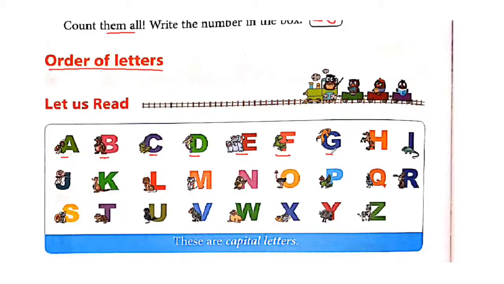frog, G for goldfish, H for horse, I for iguana, J for jellyfish, K for kangaroo, L for lion, M for mouse, N for nestling, O for ostrich, P for parrot, Q for quail, R for rabbit, S for snail, T for tortoise, U for umbrella bird, V for vulture, W for walrus, X for X-ray fish, Y for yak, and Z for zebra.